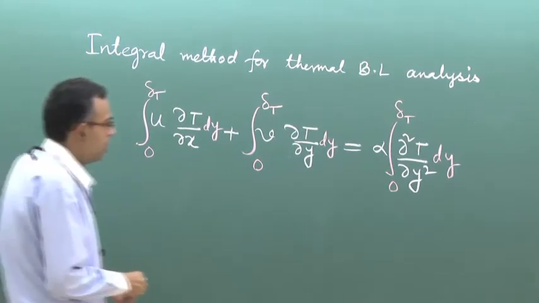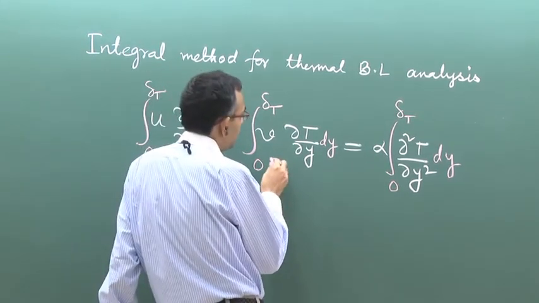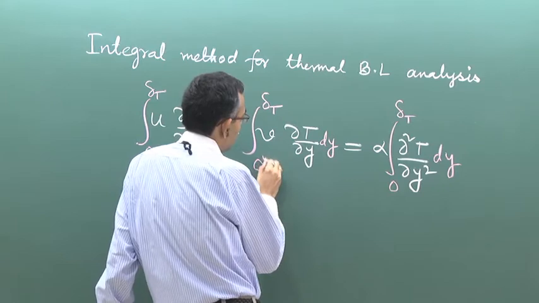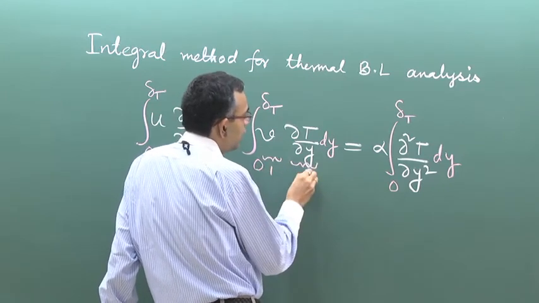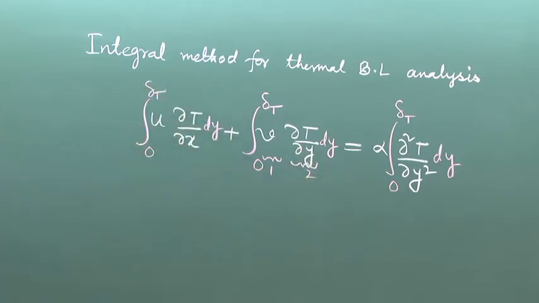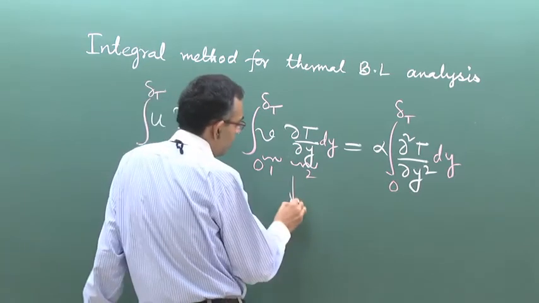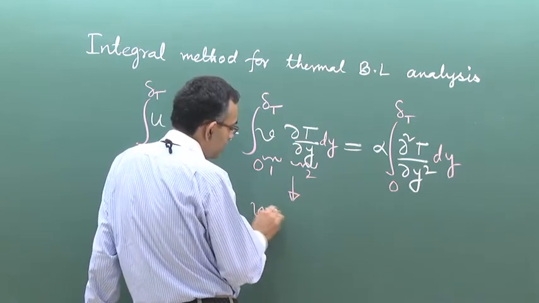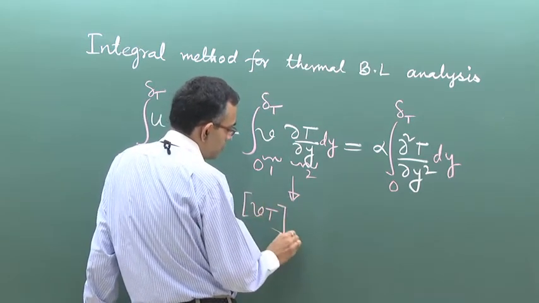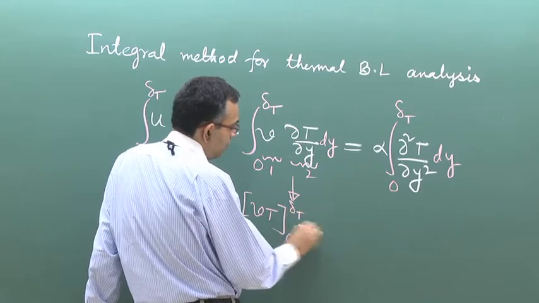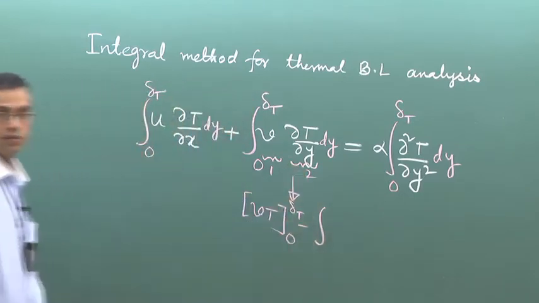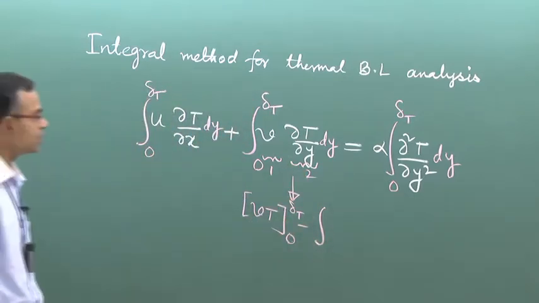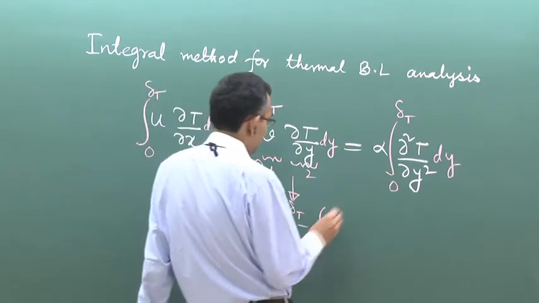Now, we will integrate this by parts. This is the first function and this is the second function. So, this will be first function into integral of the second, minus integral of derivative of the first into integral of the second.